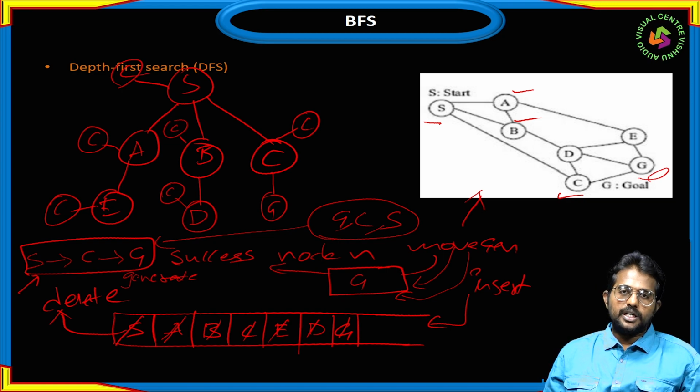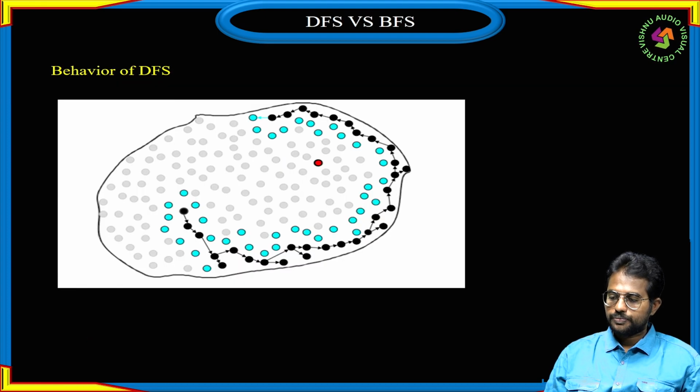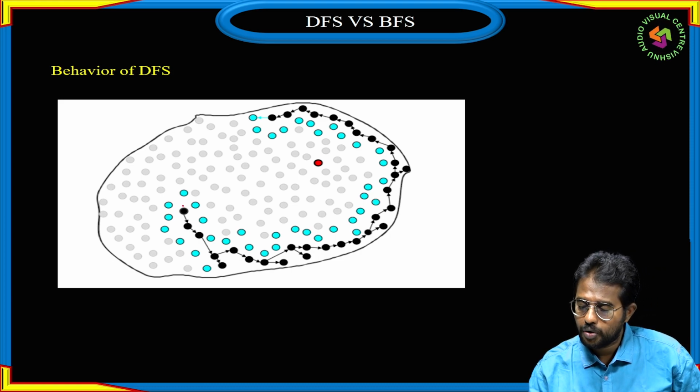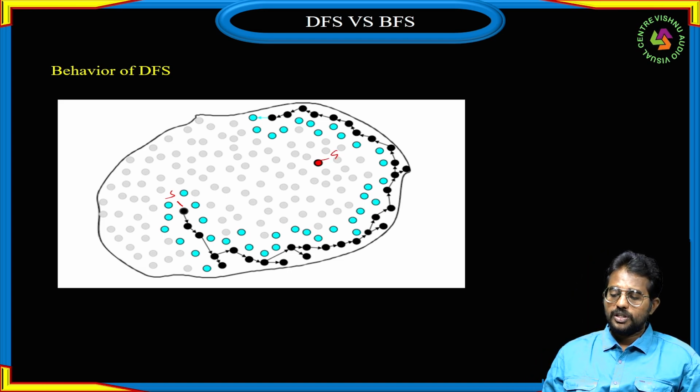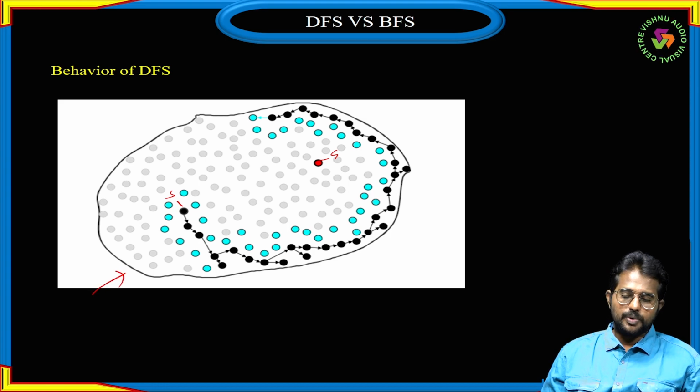After comparing the DFS and BFS, we can see which algorithm performs better. So here we can see the behavior of DFS. This particular node will be the starting node and this one is the goal node.